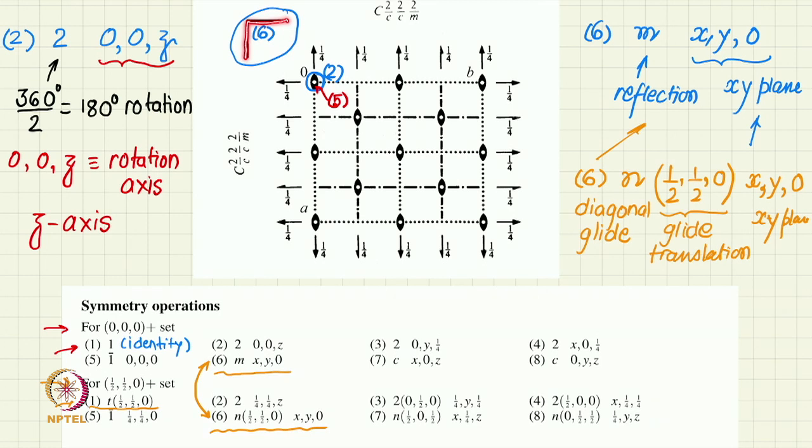So, this is a mirror plane which is a geometric symmetry element, and the same mirror plane is present in these two symmetry operations, which means there is more than one symmetry operation which can be associated with the same geometric symmetry element.